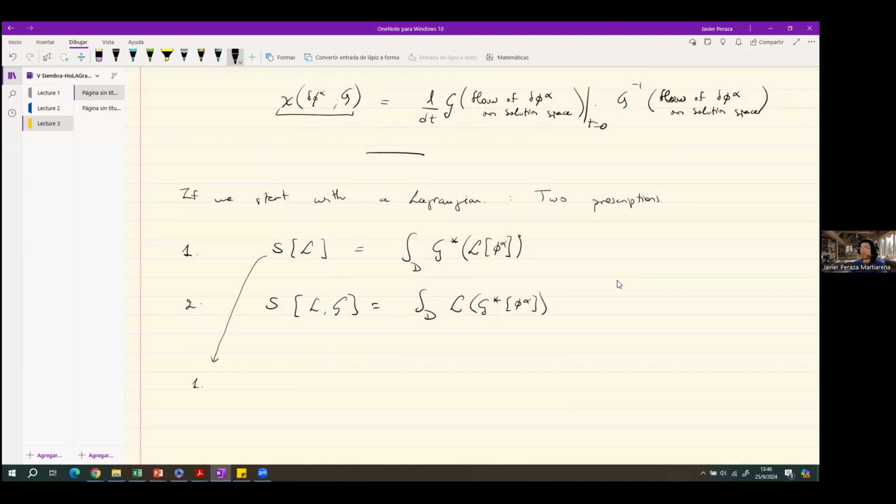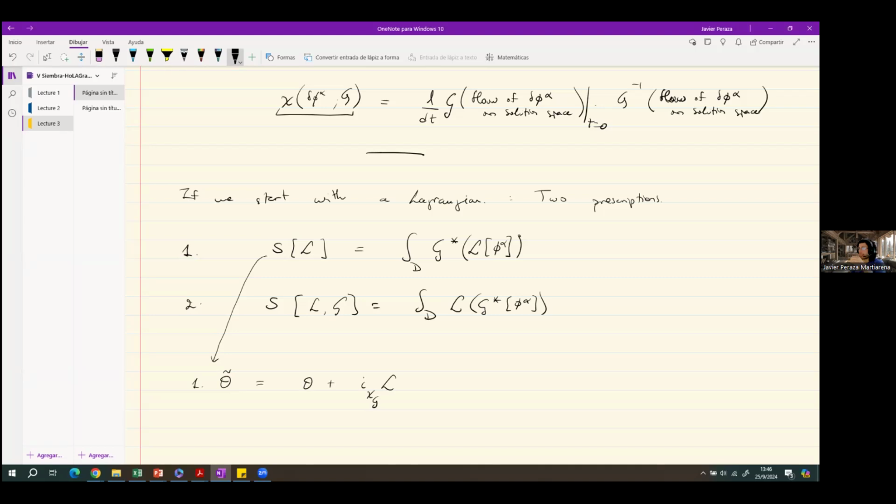Okay. And if we go through this path, what we are going to obtain is that, in prescription 1, the symplectic potential, let's call it theta tilde, will be the usual symplectic potential computed in a Cauchy surface, plus some combination of the Lagrangian density with this chi.